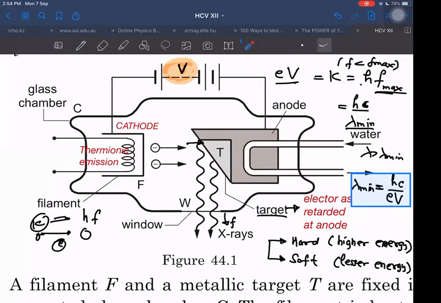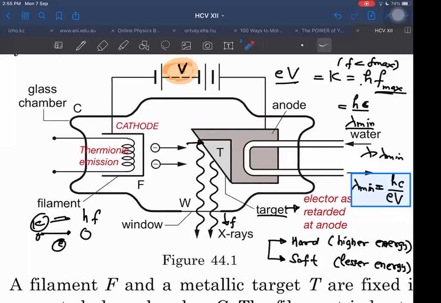What is the target made up of? The target is made up of high atomic number metals. In that, the electrons will be colliding, and they will be losing energy, and then they will be emitting the X-rays.